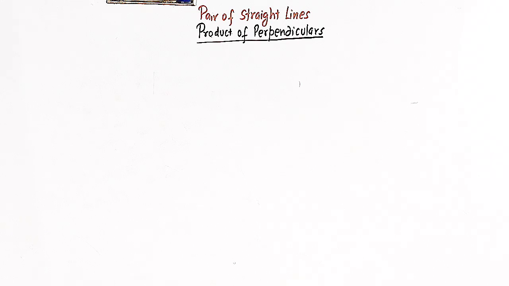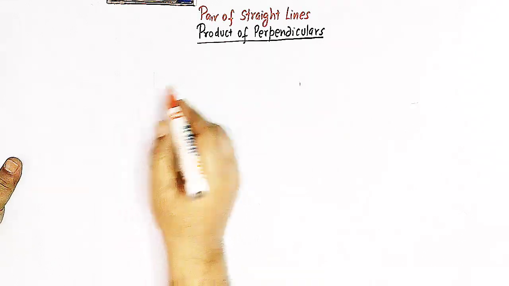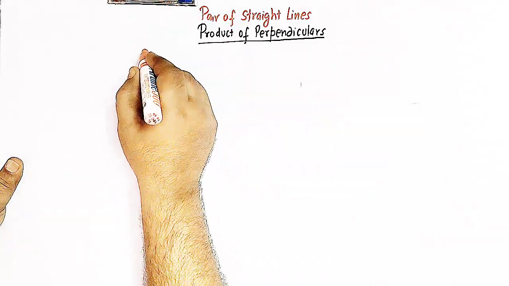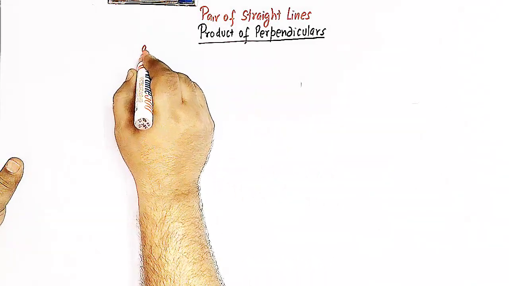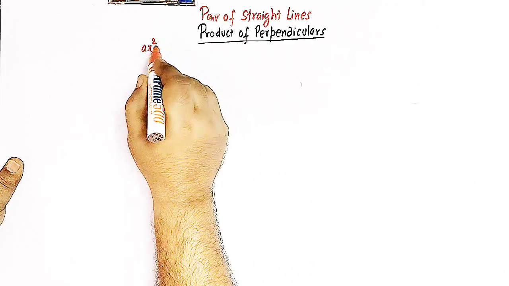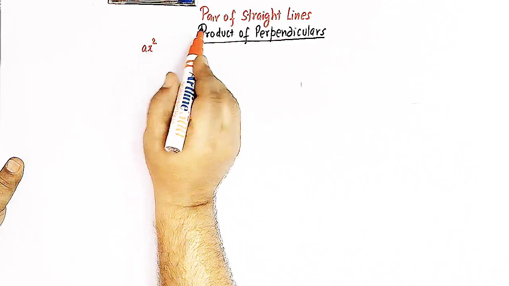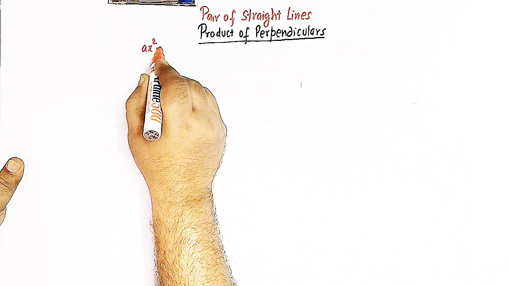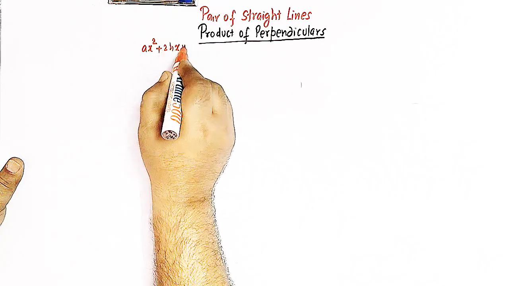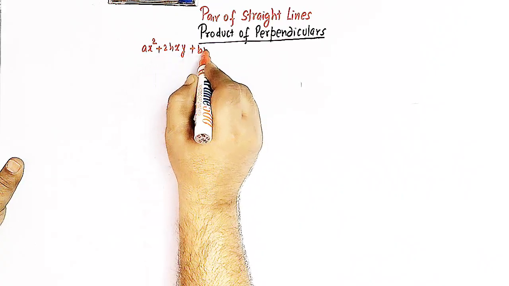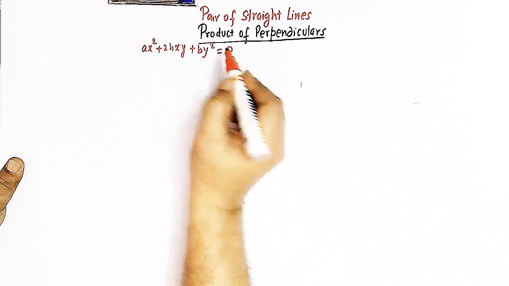So let us start. We know that a pair of straight lines passing through the origin is given by this second degree homogeneous equation, that is ax square plus 2hxy plus by square is equal to 0.